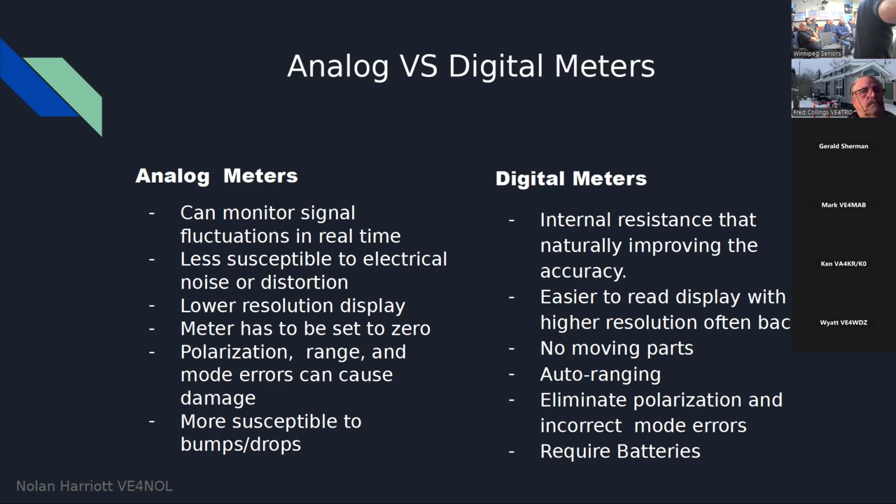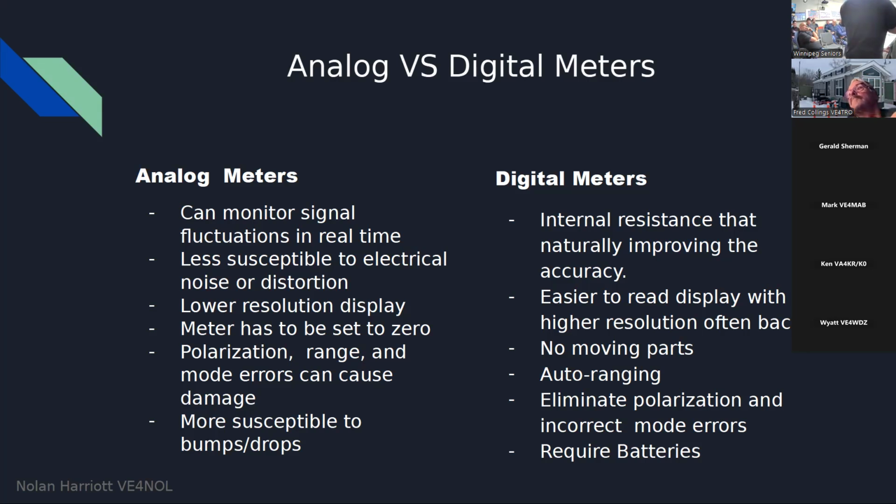And when you look at the display, you're only as accurate as the values on the display. The meter has to be zeroed. If it's not zeroed, it's not going to give you a proper reading. Polarity and range mode errors can cause damage to the equipment, and they're more susceptible to bumps and drops, right? They don't handle being banged and kicked and falling off ladders.